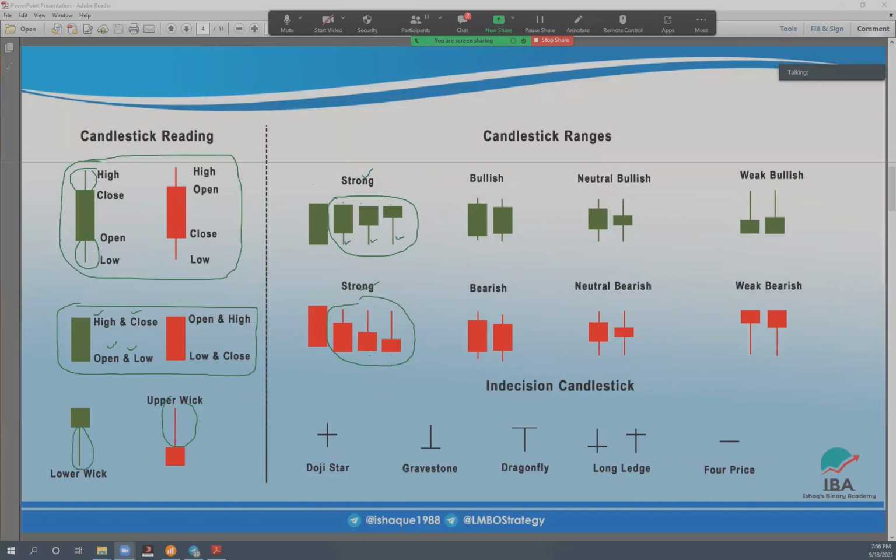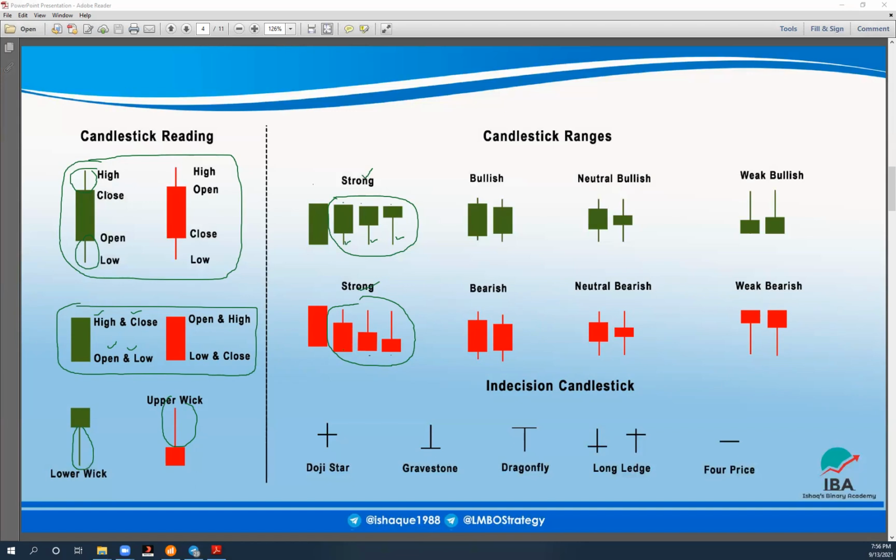But why are they stronger? Because first the buyers entered, then the buyers failed, and the sellers covered. That is the point. Someone tried and failed, then the other party got strong.